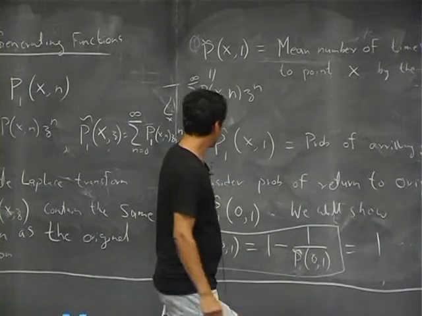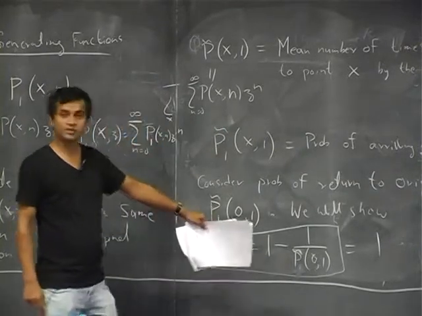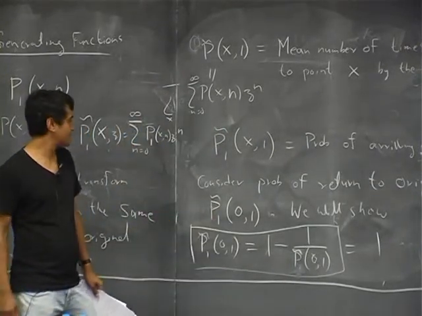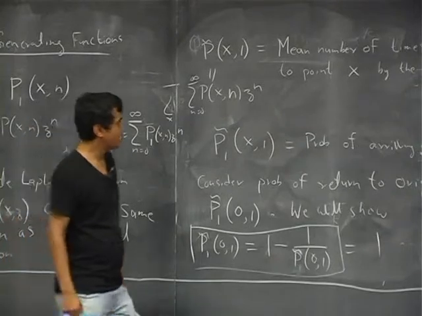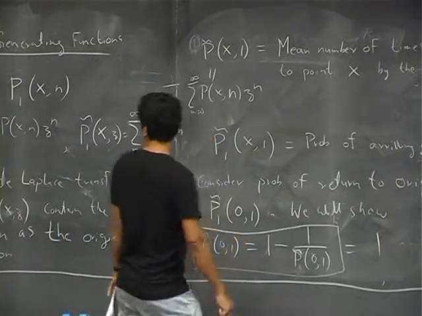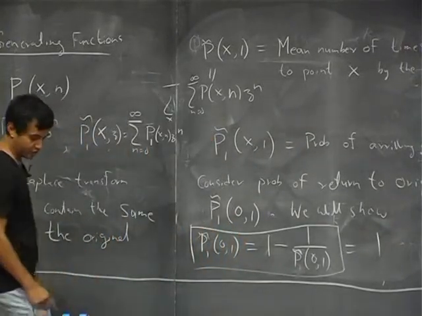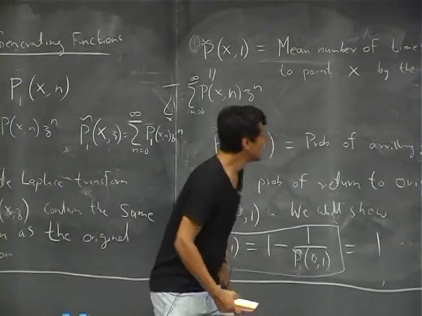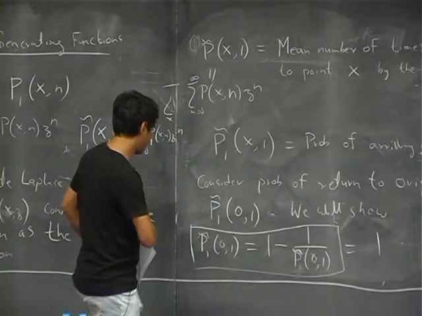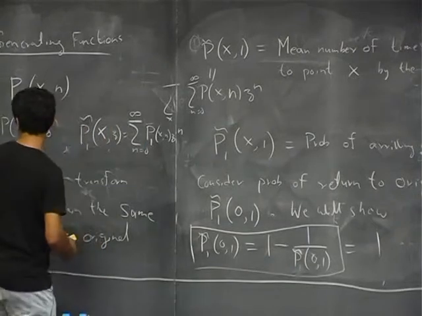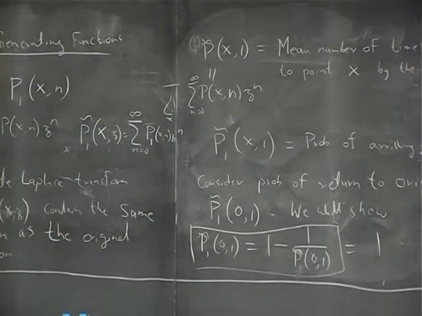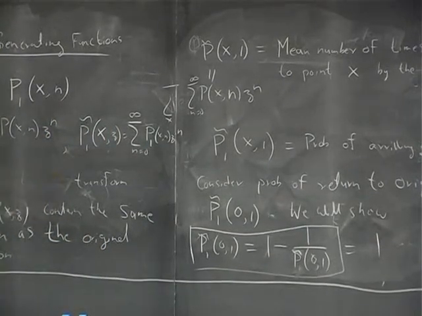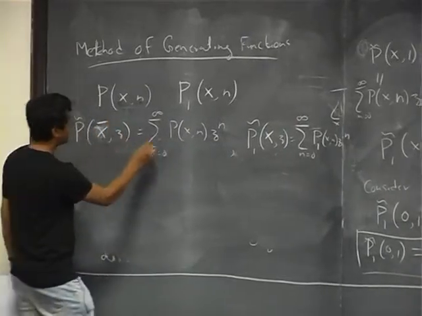Okay, so now the good thing is that it's very easy to generalize this to any dimensions. Let me quickly outline the steps. So this just becomes a vector, right?